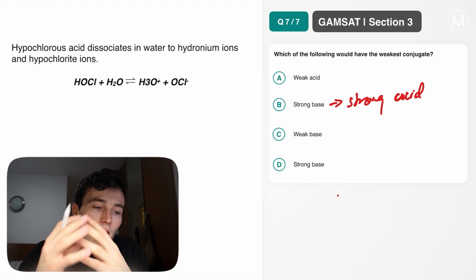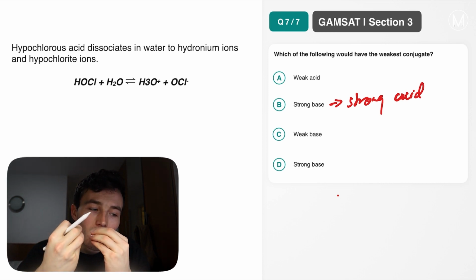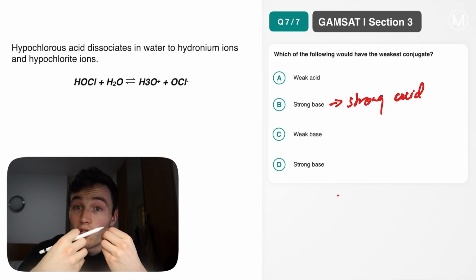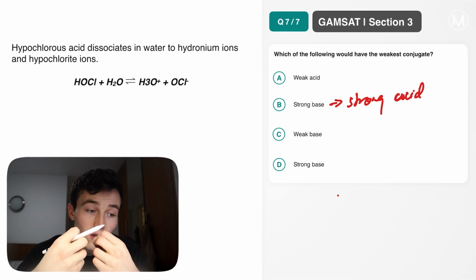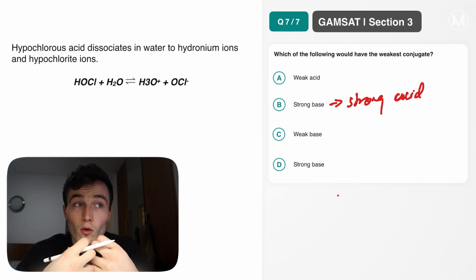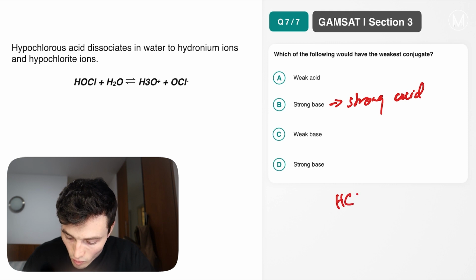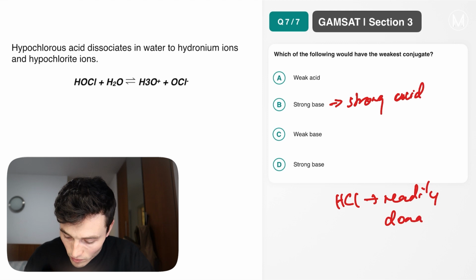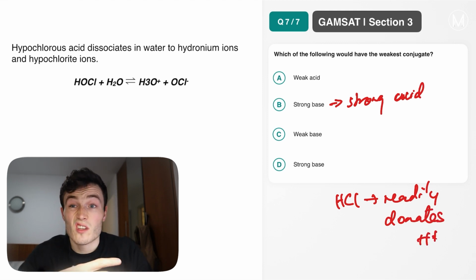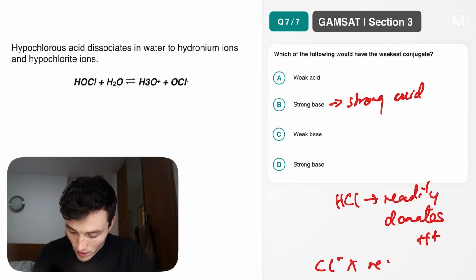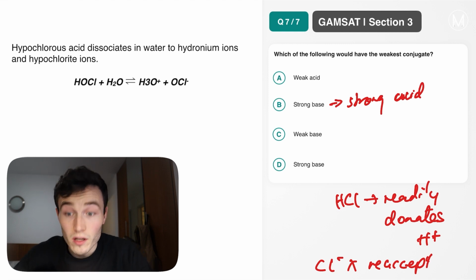If you have a really strong acid, then it's so willing to donate a proton that there is essentially no tendency for the Cl minus to re-accept it. If we take HCl, it so readily donates an H plus that there's essentially no tendency for the Cl minus to re-accept the H plus again.